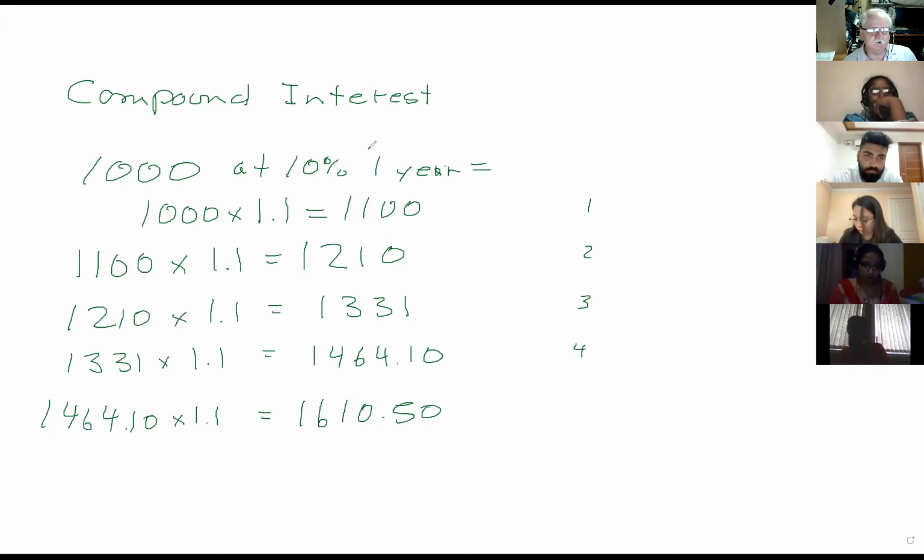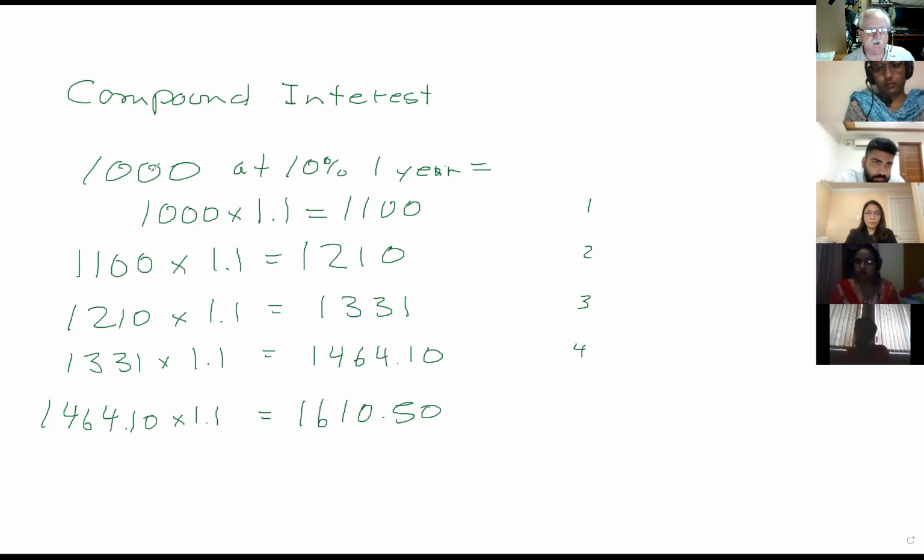After the first year, we were charging interest on the interest. And that's what they mean by compound interest. Once you're reinvesting the interest and getting paid on interest every year, it's not just called simple interest.